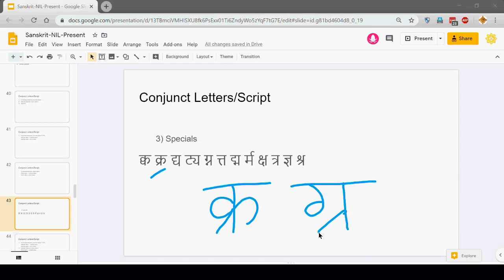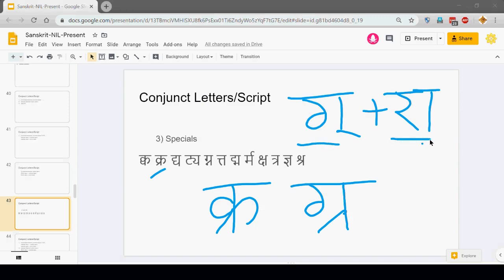Separately, if you want to write, we write like this. This is gra, like in grass, ga plus ra.